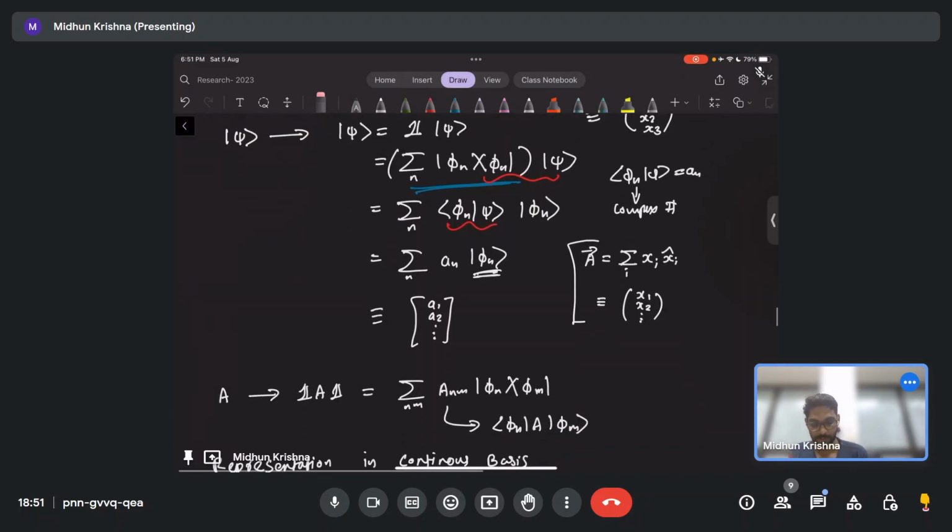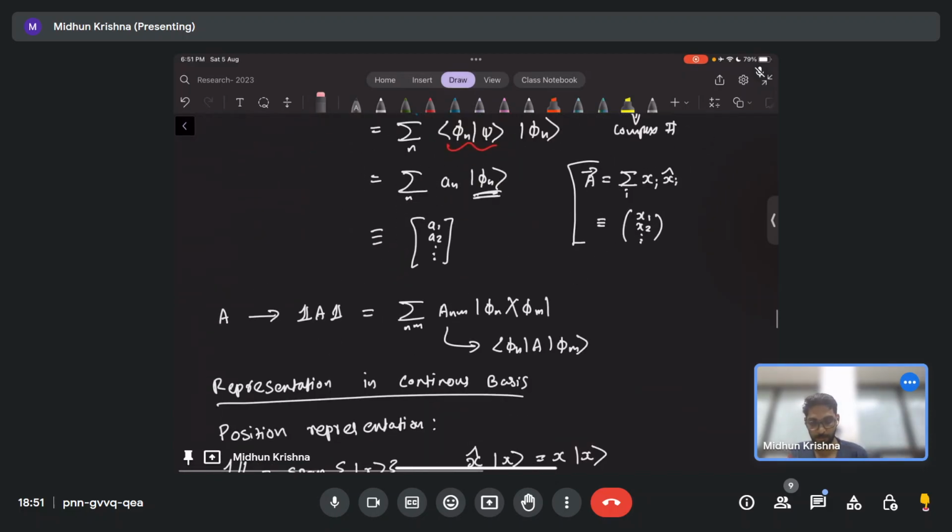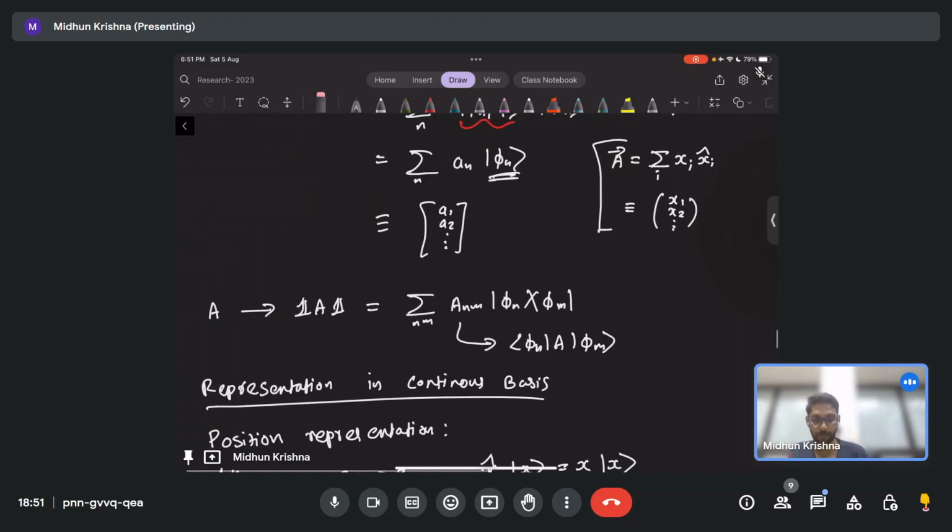Now, if I have an observable, an operator A, I can put identity on both sides and, doing a calculation like above, this is how I would write the operator. In the phi n basis, A would look like A11, A12, and so on, A21, A22, where A_nm is given by this expression.